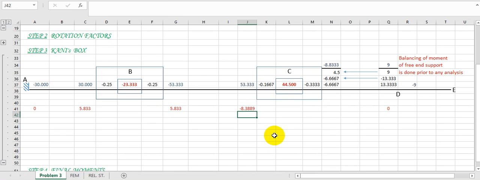I get the iteration value of CB. For CD, it is equal to the summation of moments plus the latest iteration value of the left support, that is 5.833, plus the latest iteration value of the right support, into the rotation factor of CD, and I get my iteration value for CD.